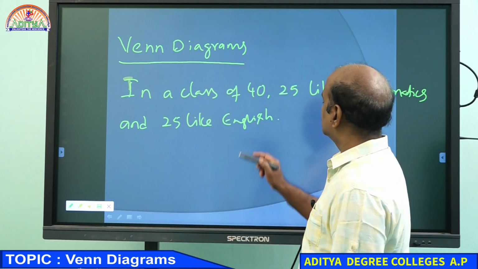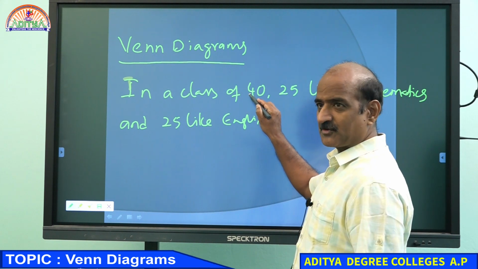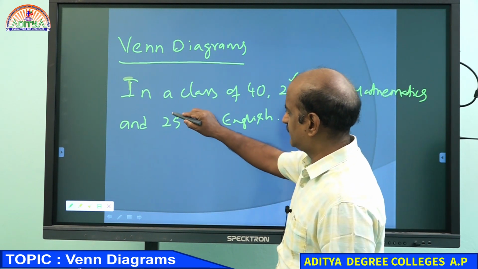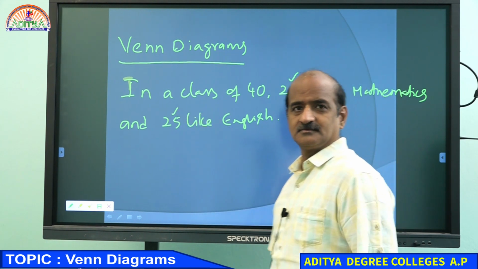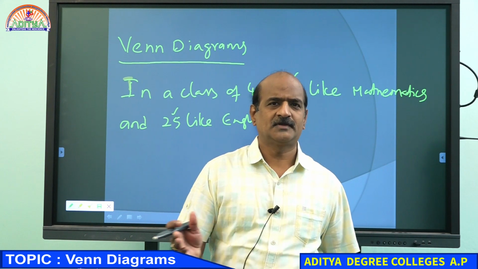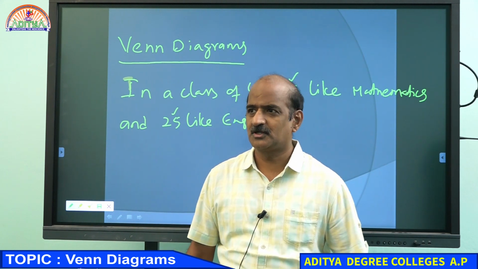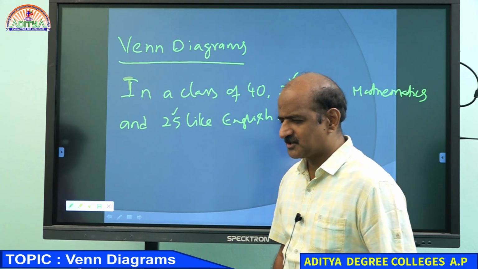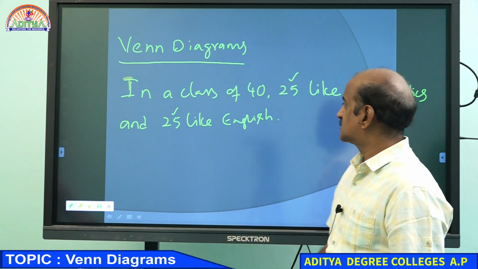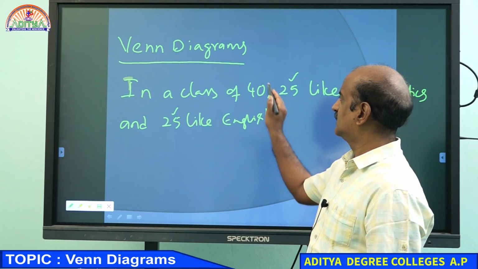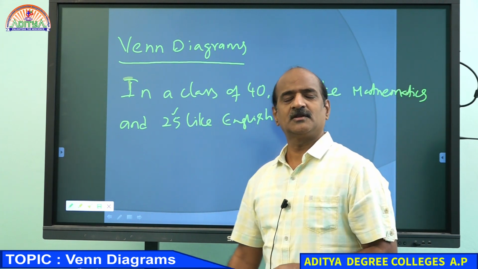We are discussing 40 people, but 25 like mathematics and 25 like English. 25 and 25 make 50, but the total strength is only 40.